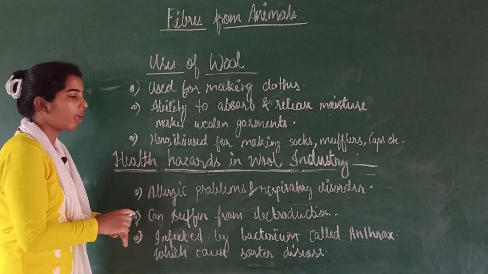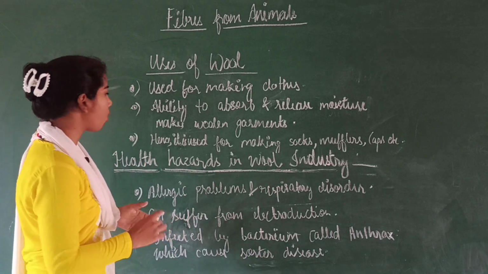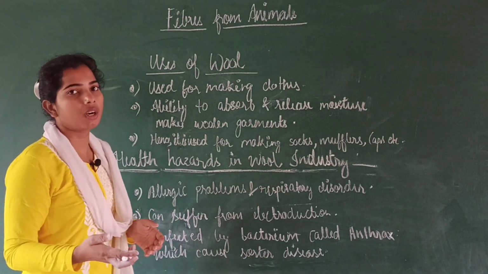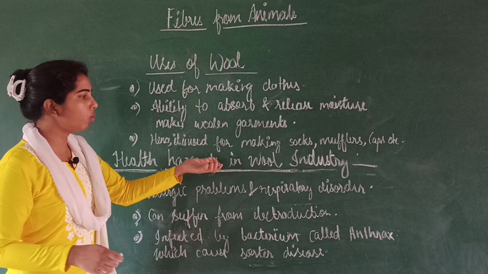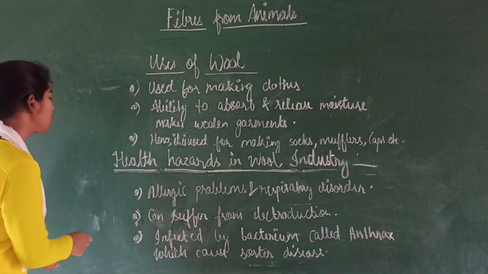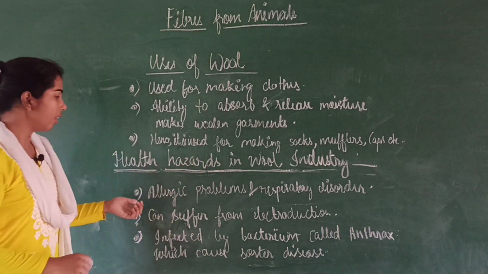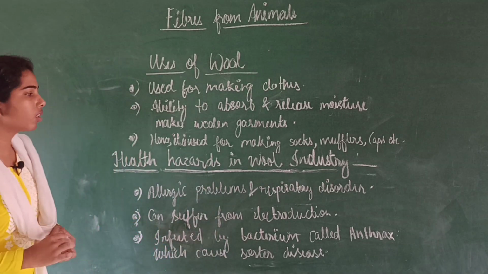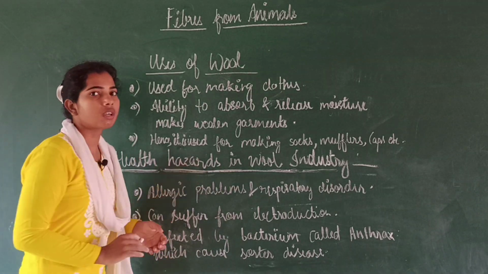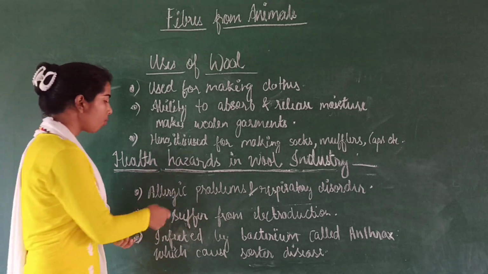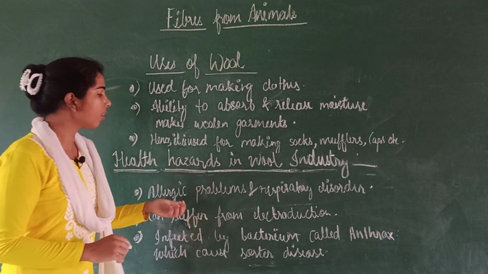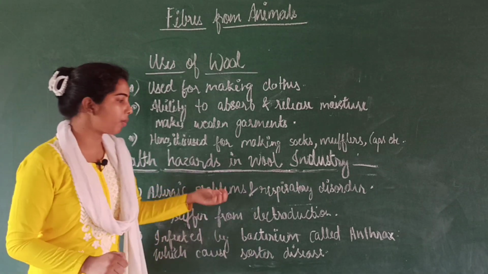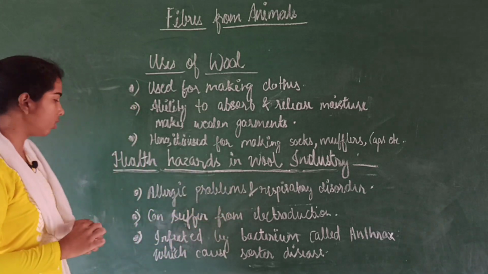Now, some health hazards are caused in the workers of the wool industry. These are some points. First, allergic problems and respiratory disorder. The workers who work in the wool industry suffer from some allergic problems and respiratory disorder.